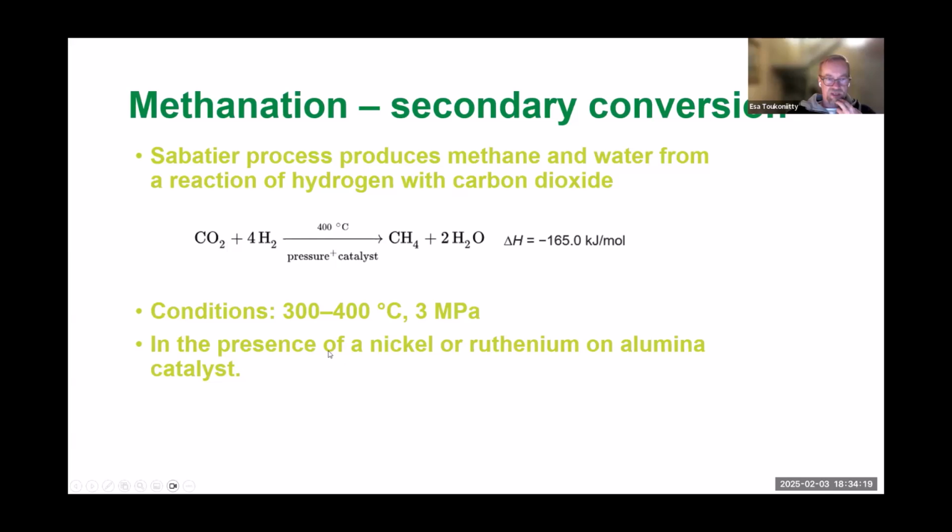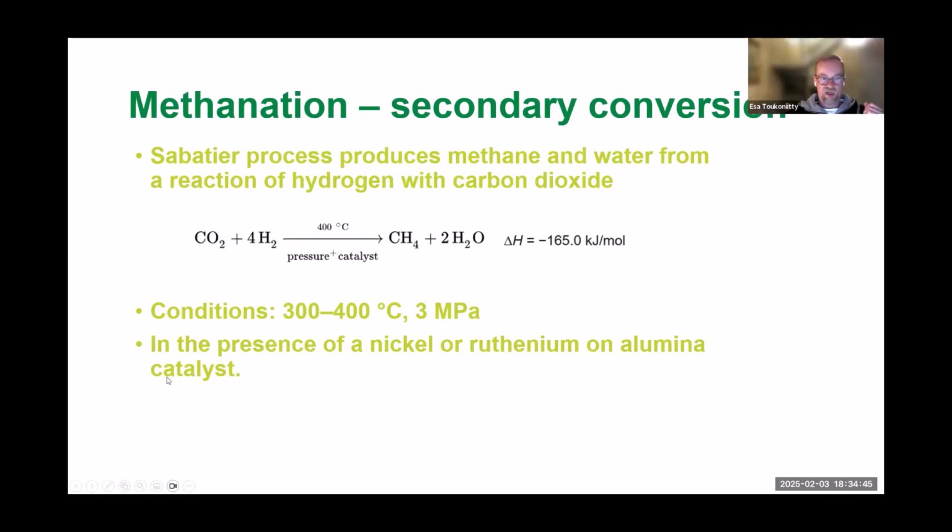The reaction conditions are quite harsh, 300-400 degrees Celsius and quite high pressure, 3 megapascals. And again, we end up with certain catalytic materials: metallic nickel or ruthenium on alumina. Alumina is the catalyst support, and the nickel and ruthenium are deposited on the alumina. All these reactions happen on the surface of the nickel metal or on the surface of ruthenium.